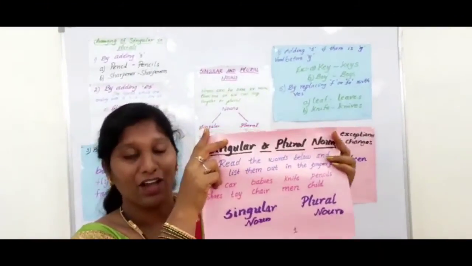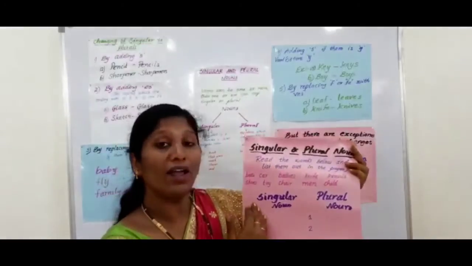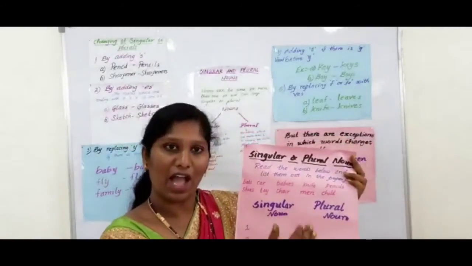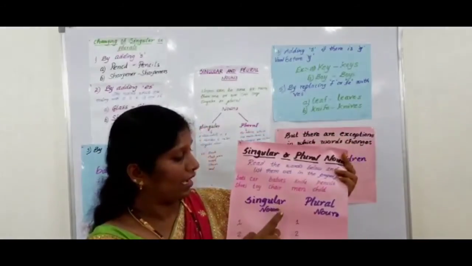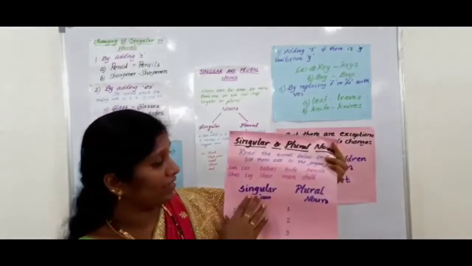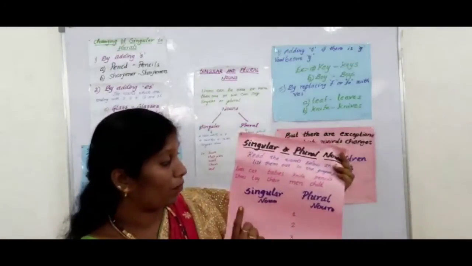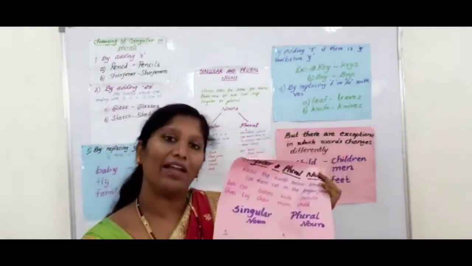Can you see? Okay. Make 2 columns for singular noun and plural noun. Now, list them out in both columns. Okay. You have to write the singular noun in this column and the plural noun in this column. Okay. Check it properly and write them clearly.